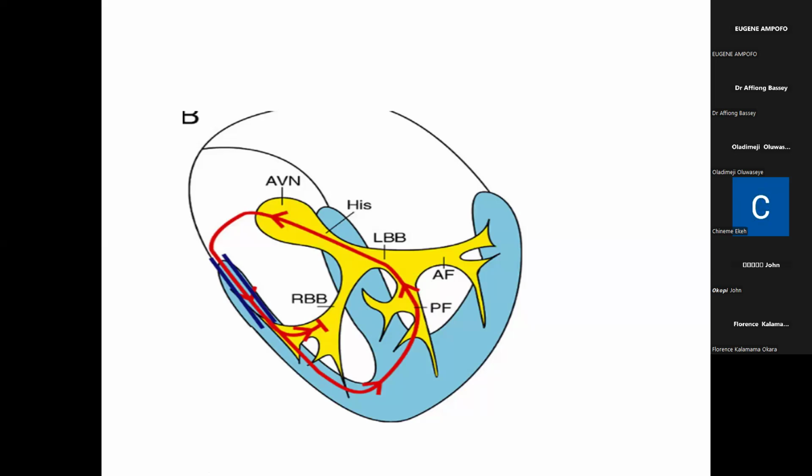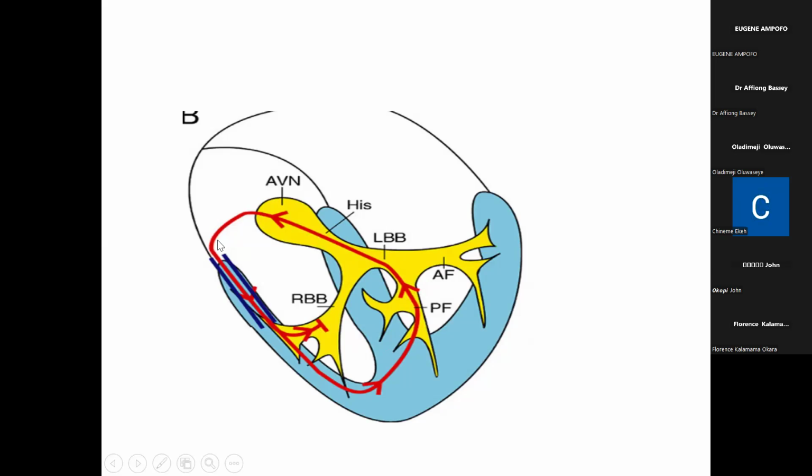Okay, so if that one is clear, then we can now go to antidromic. Antidromic says that we would take the electrical activity from the atrium very rapidly to the ventricle, right? While the normal conducting fibers, from the Purkinje to the right bundle, left bundle, to the His bundle, back to the AV node, you will now use that one to conduct it back to the atrium.